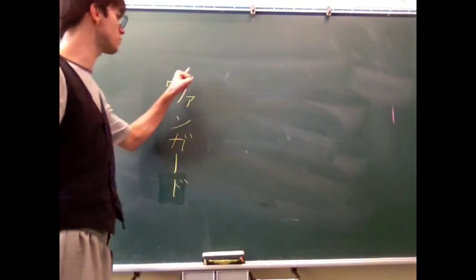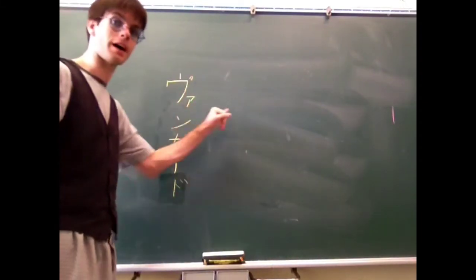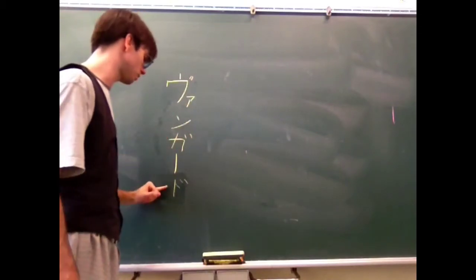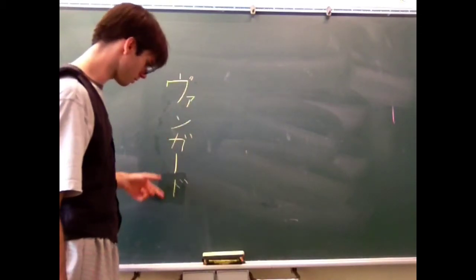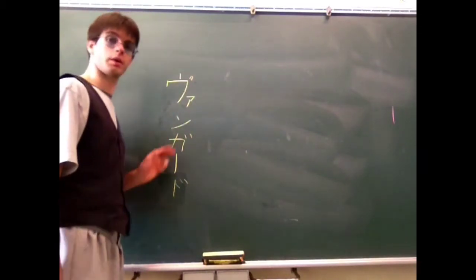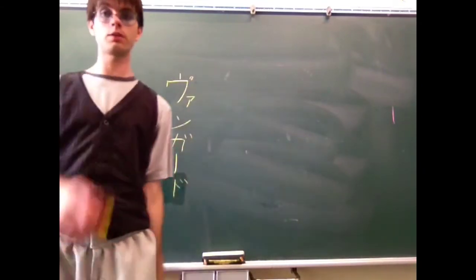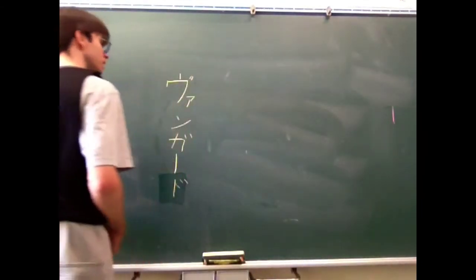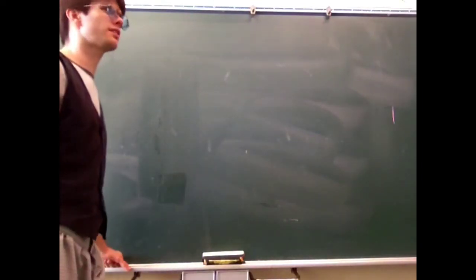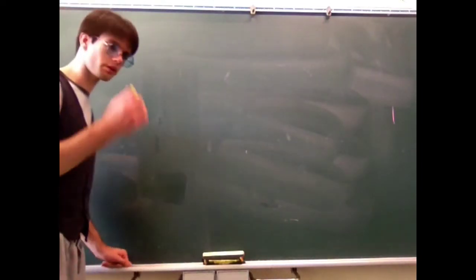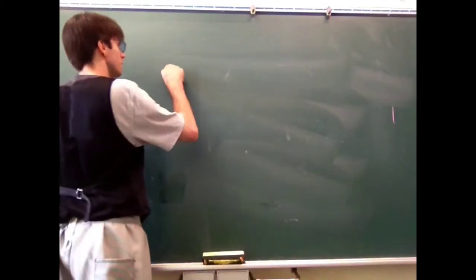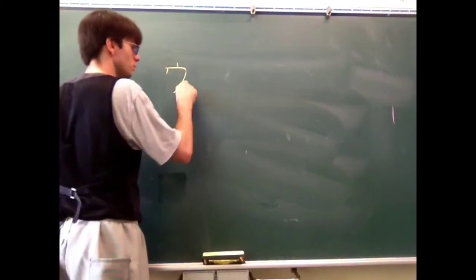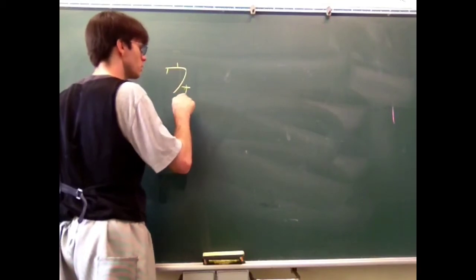So this becomes va. Vangaado. Anyway, Vanguard. So you take that one. And the same thing with, like, it's a DS game or something, Pocket Wars or something like that. When they write it here, they go, u, with an o next to it, wars.